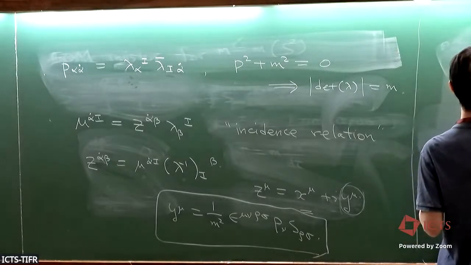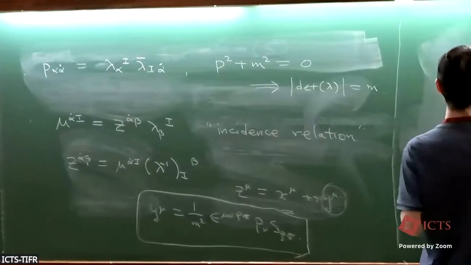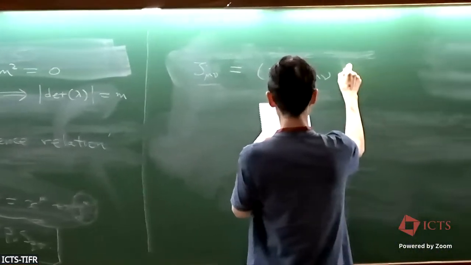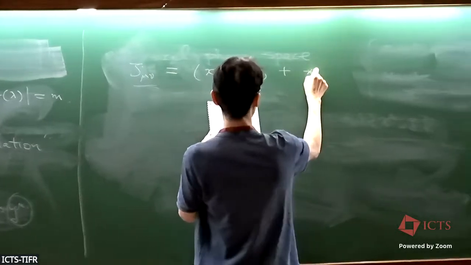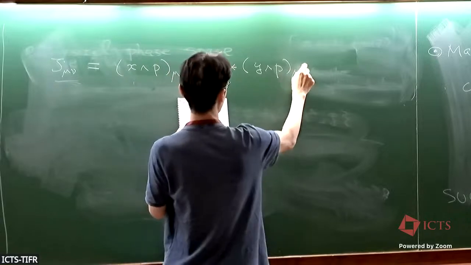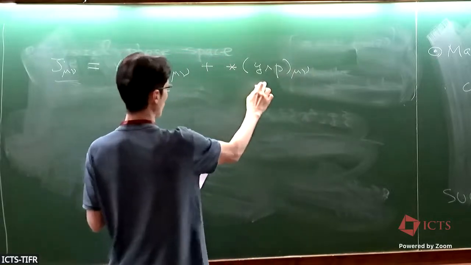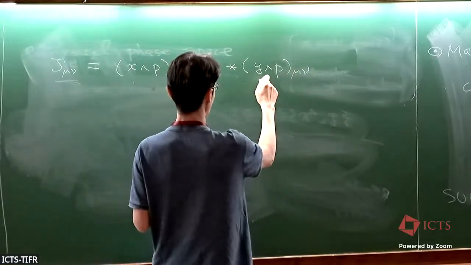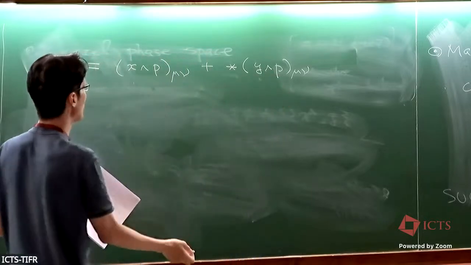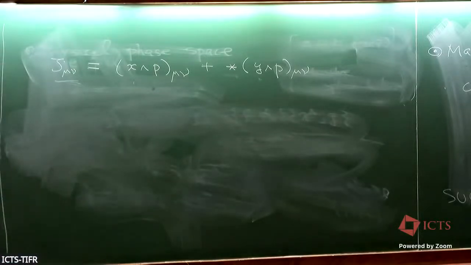It can be written as the orbital part and the spin part, and the spin part can be written as the Hodge dual of this y wedge p, which is very much like x wedge p for the angular momentum.